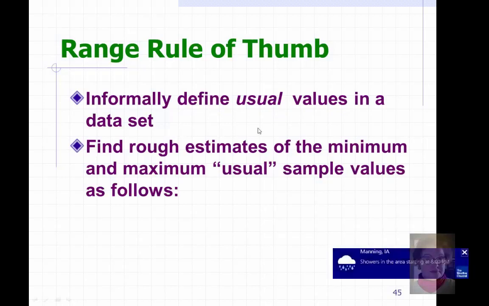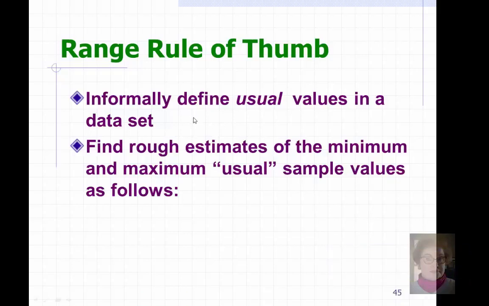Now, usual means most of the time. So we can use the range rule of thumb to give us rough estimates of usual, because as we go forward, we're going to see whether the value we got from our calculations is usual or unusual.